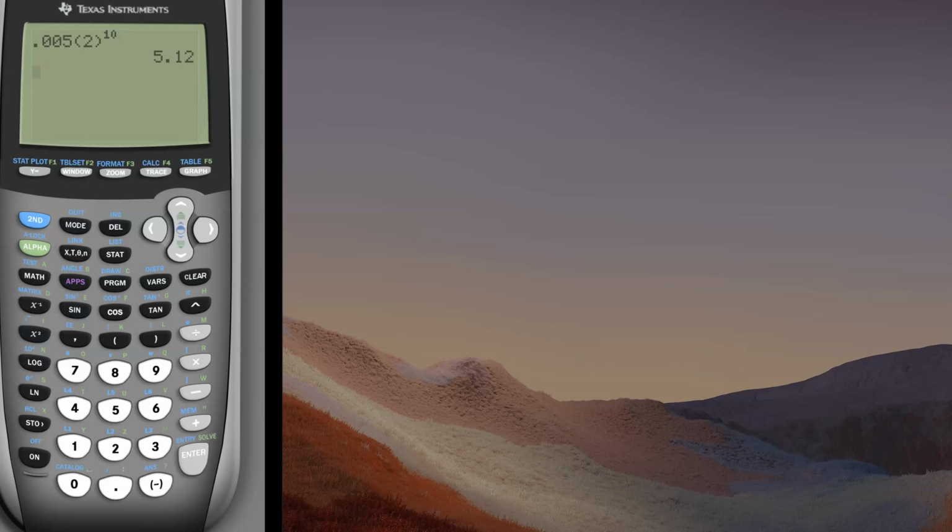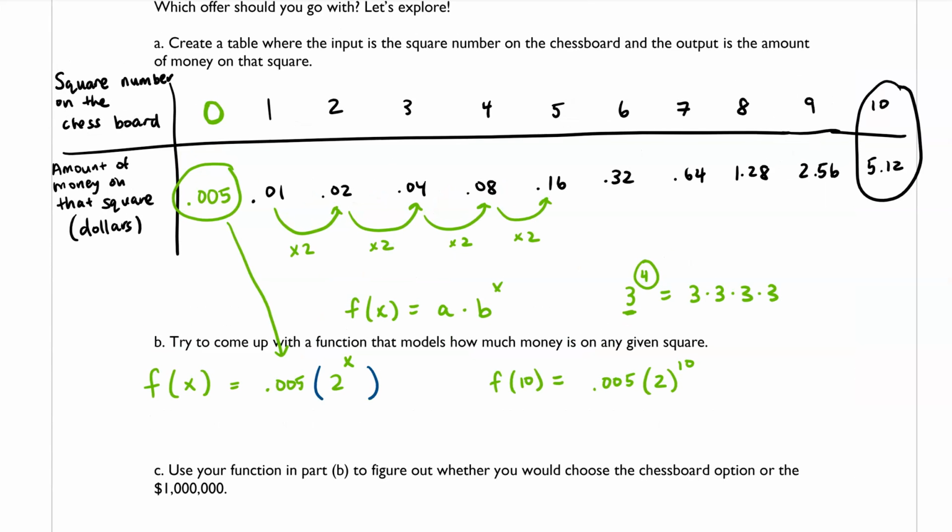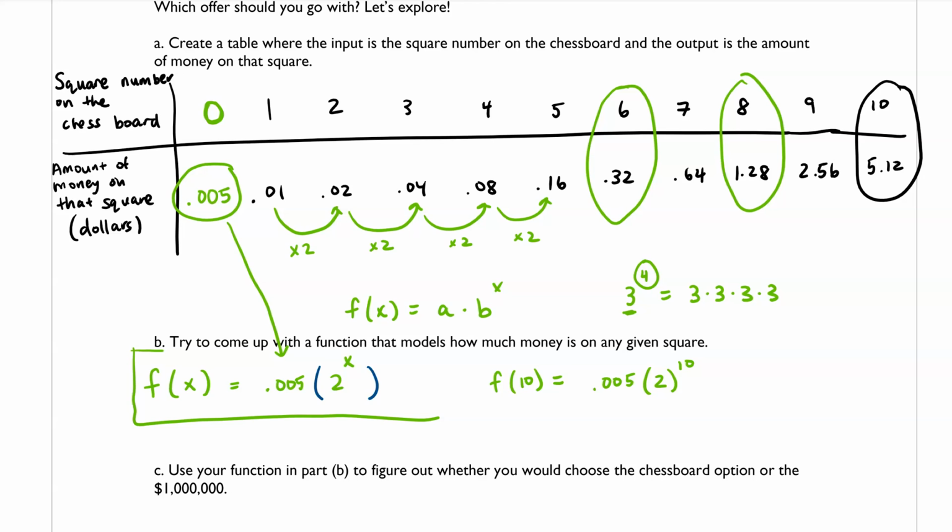And our output is 5.12, which is what we had in our table, so that matches up. I want you to maybe plug in a couple more values. Try f of 6 and f of 8 and see if those give you the correct values as well, but it should. So I'm going to go ahead and box our function now. So f of x equals 0.005 times 2 to the x power.